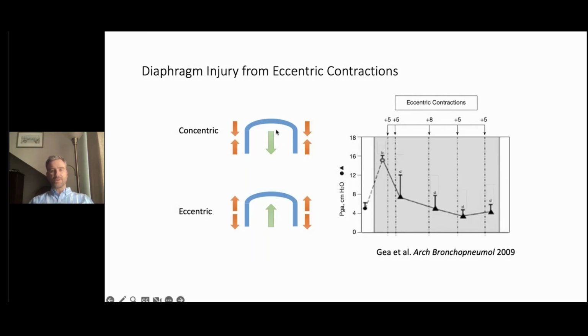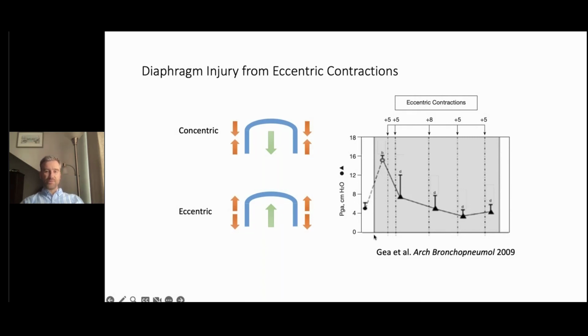If you imagine the diaphragm contracting as the dome descends, that's a typical concentric contraction. But if there are conditions under which the diaphragm is being forced to lengthen and the dome is ascending while it contracts, that gives rise to eccentric loading conditions.